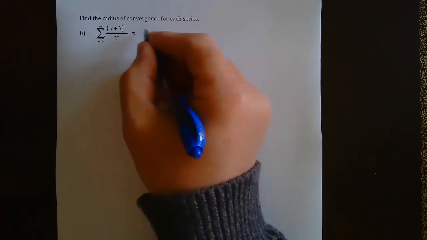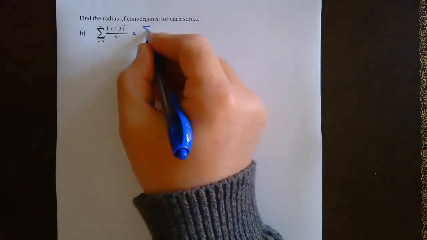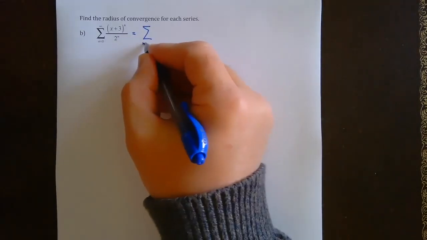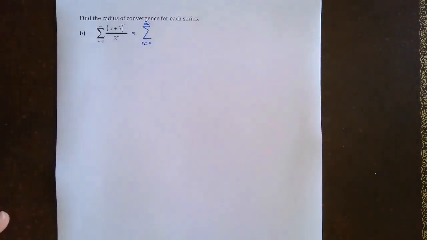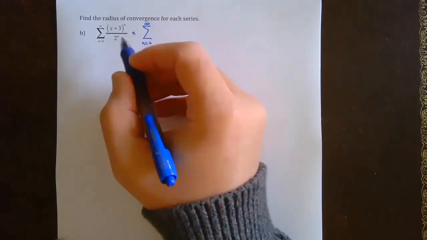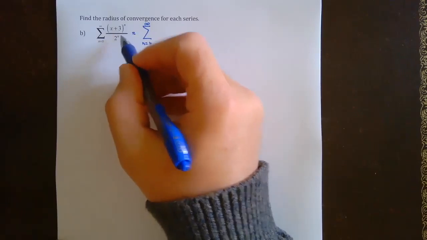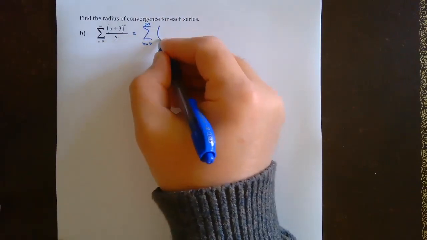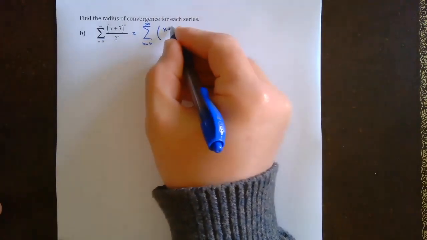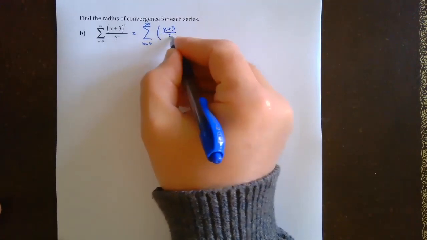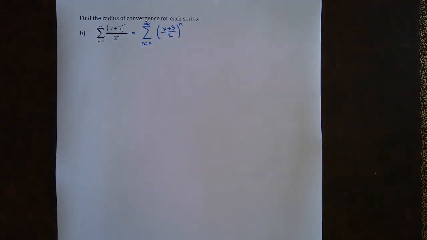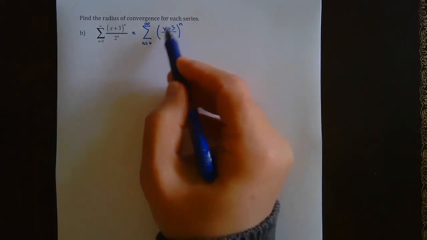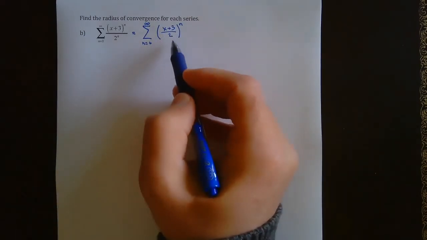So that could be rewritten as sigma n equals 0 to infinity, and if these are both being raised to the n power, we could rewrite that as x plus 3 over 2 raised to the n power. And what you should be recognizing is this is a geometric series, because this is the thing we're multiplying by, x plus 3 over 2.